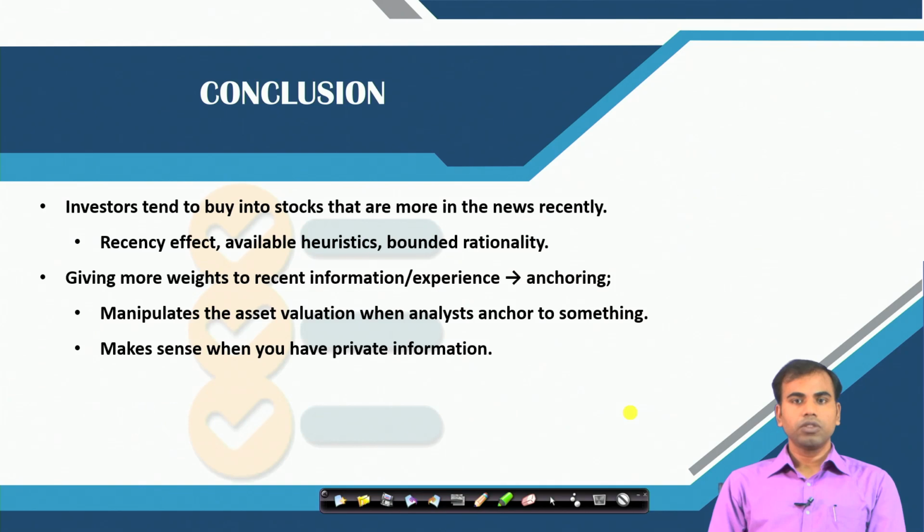This might also lead to availability heuristics, where people give higher weights to information coming from recent experiences, and that might lead to the anchoring behavior of investors, where they try to manipulate the asset valuation or they do not want to change their belief when they are anchored to the prices or the information that they have access to.